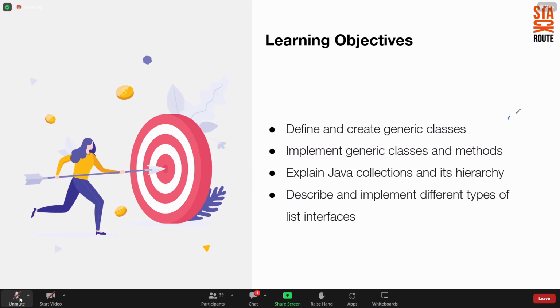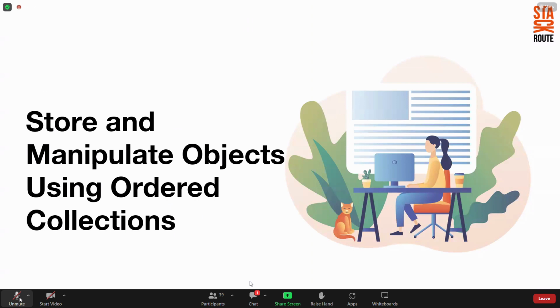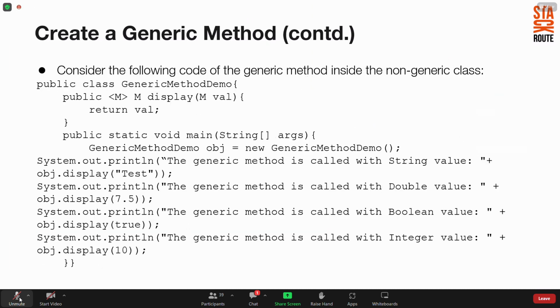There are two topics covered: one is generics, the other is collections. I will be covering collections first. After completing collections and the List interface, I will come back to generics, so I'm skipping the first few slides of generics for now. After 1.5 hours, I will come back to generics, so that I'll be covering this 9th slide also.